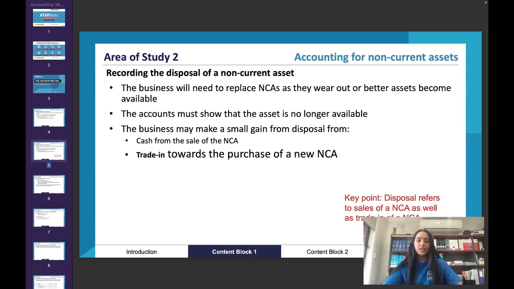It's important to note that disposal refers to both the sale and the trade-in. It's easy to just assume that disposal means a sale, but you also need to understand that it can be a trade-in value as well.